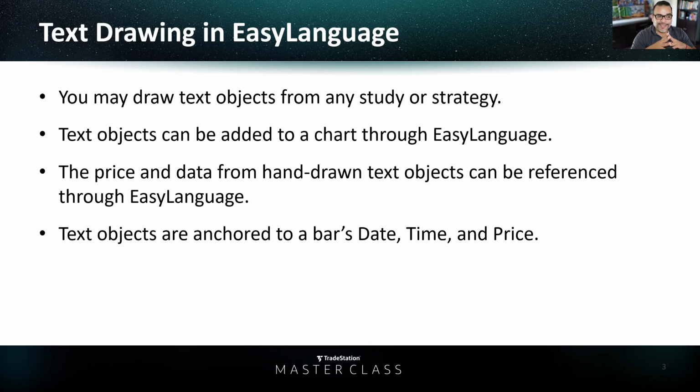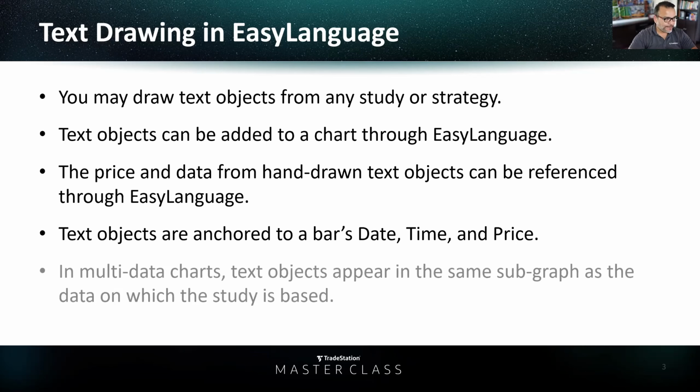Trend lines also have a date, a time, and a price, not only one instance of that trio, but actually twice that. So we have the begin date, the begin time, and the begin price, and then you have the end date, the end time, and the end price if you were trying to draw a trend line. But here, since we're just adding text, all we need is an anchor point. And the anchor point, of course, has a date, a time, and a price.